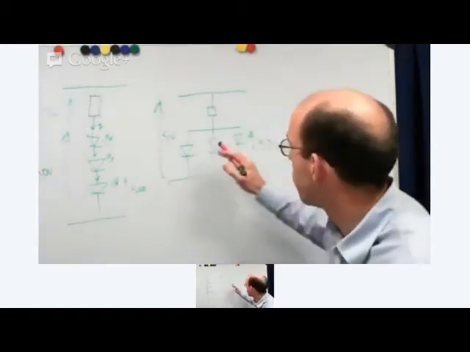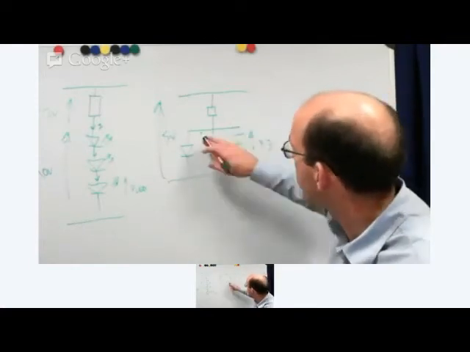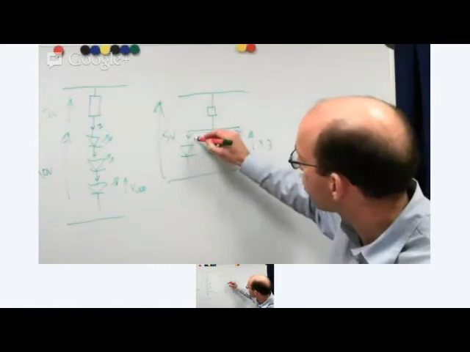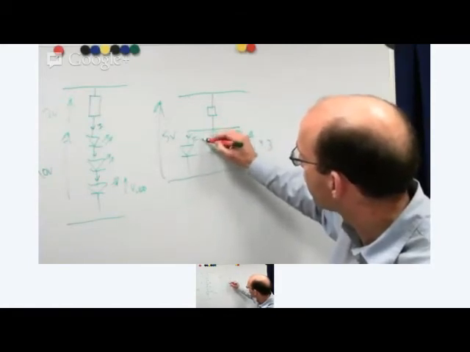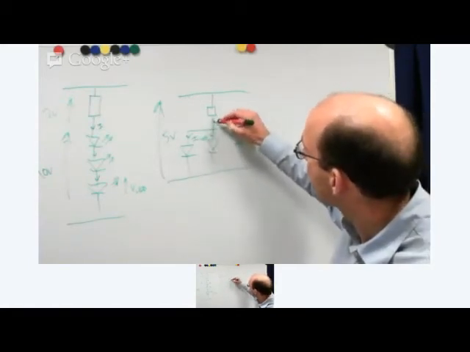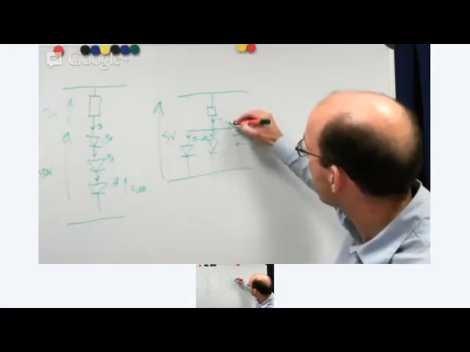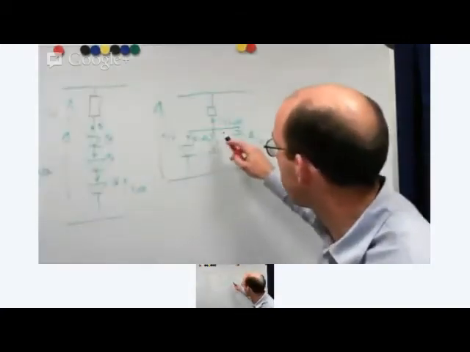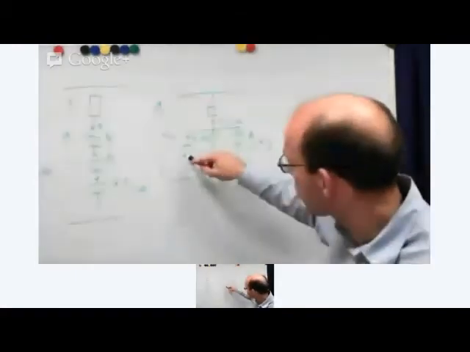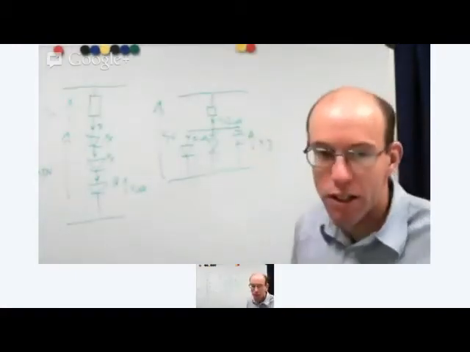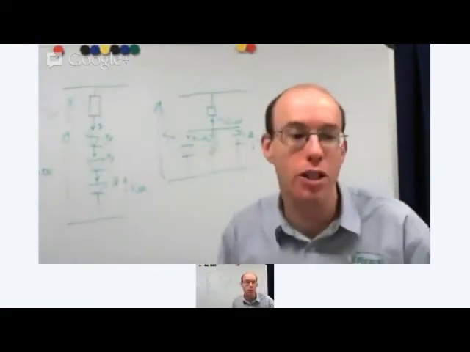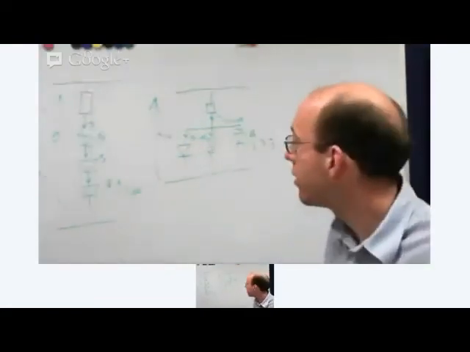Now the maths gets a little bit more tricky here, given the current going into each of these. If that's I LED, then that is going to be 3 times I LED. Now the problem with this then is that we're relying on exactly the same amount of current going through each of these LEDs, and if they are all the same, then they will end up with approximately the same amount going through each LED, and that will work out fine.